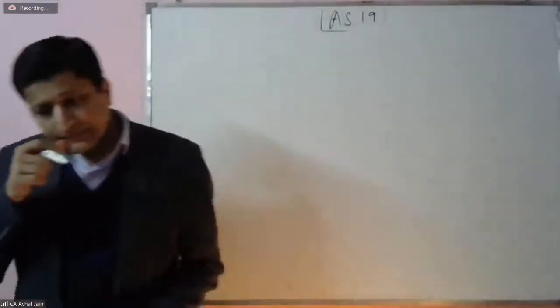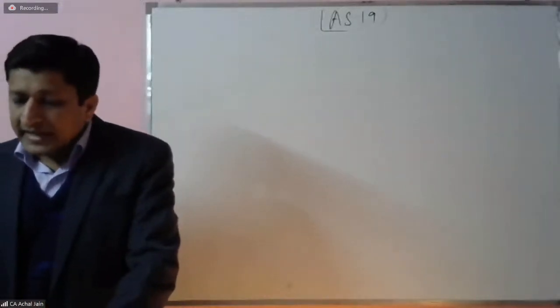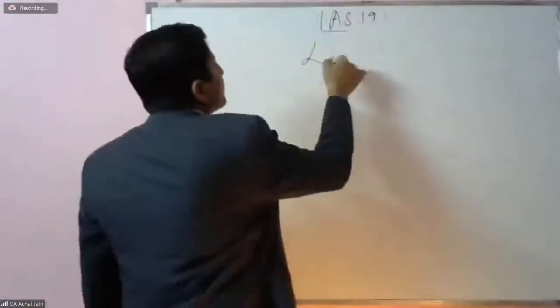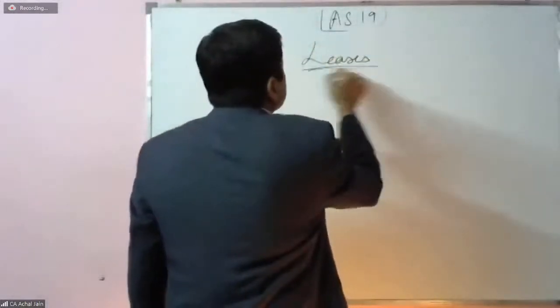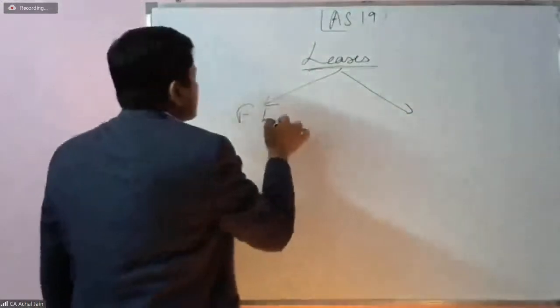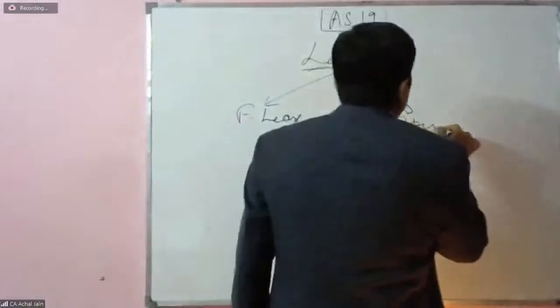Okay. So now we discussed that leases are of two types. One is a finance lease, second is operating lease.